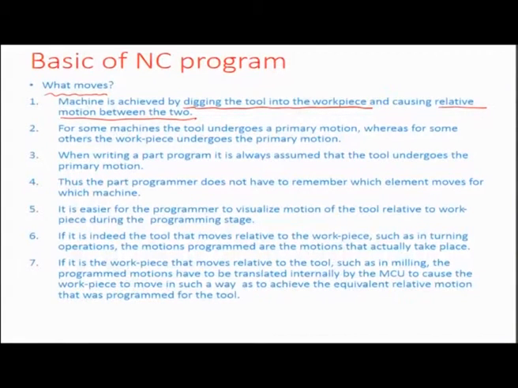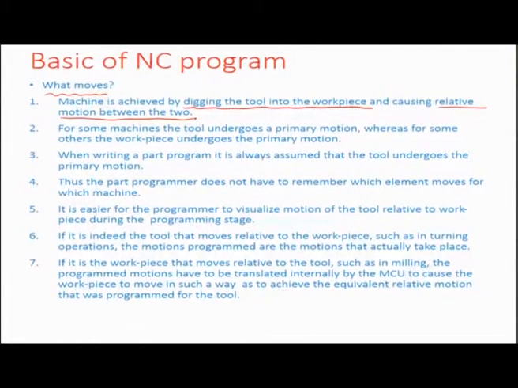Because of that relative motion, a metal chip comes out, and it can be a continuous chip or a discontinuous chip depending on the speed of the relative motion, the depth of cut, and a variety of other things.